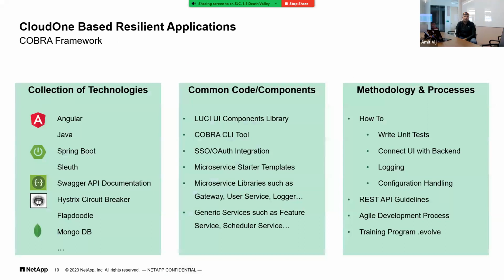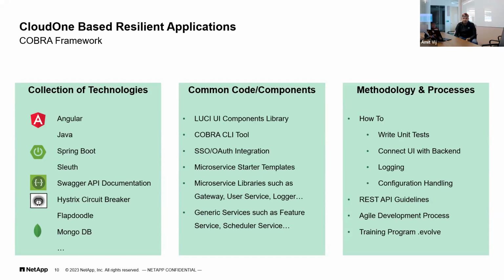These are some of the technologies that we use. We use Angular for our front end, Java Spring Boot for our back end, for our microservices, and then Mongo in the back end. And then, of course, we use Hystrix for circuit breaker. We have Swagger on our Cloud One platform itself.